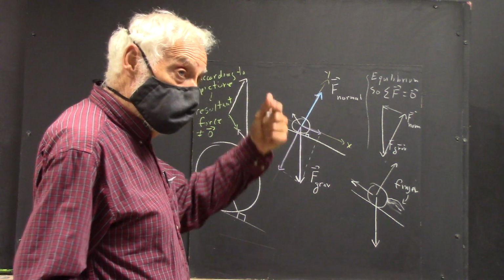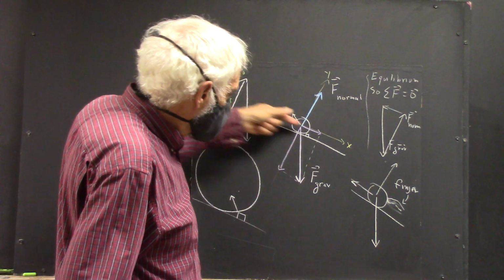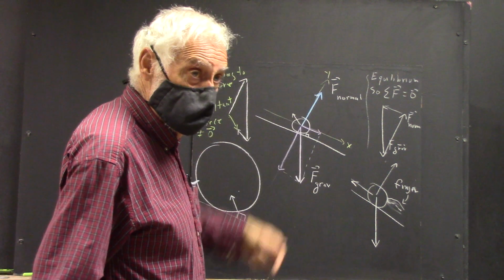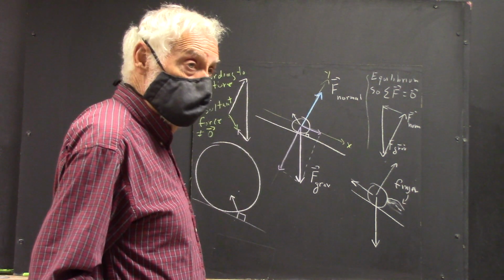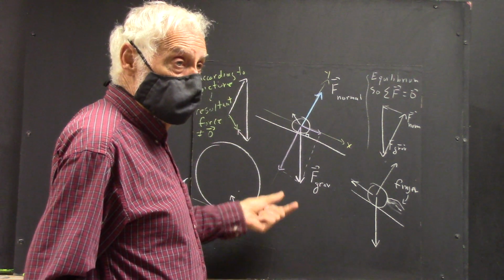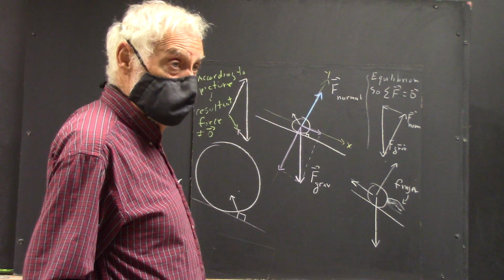The y direction is not up and down anymore because the x-axis has to be parallel to the incline. Now, you don't absolutely have to have the x-axis parallel to the incline, but it's really easy to analyze the forces if it is, and it's hard if it isn't.